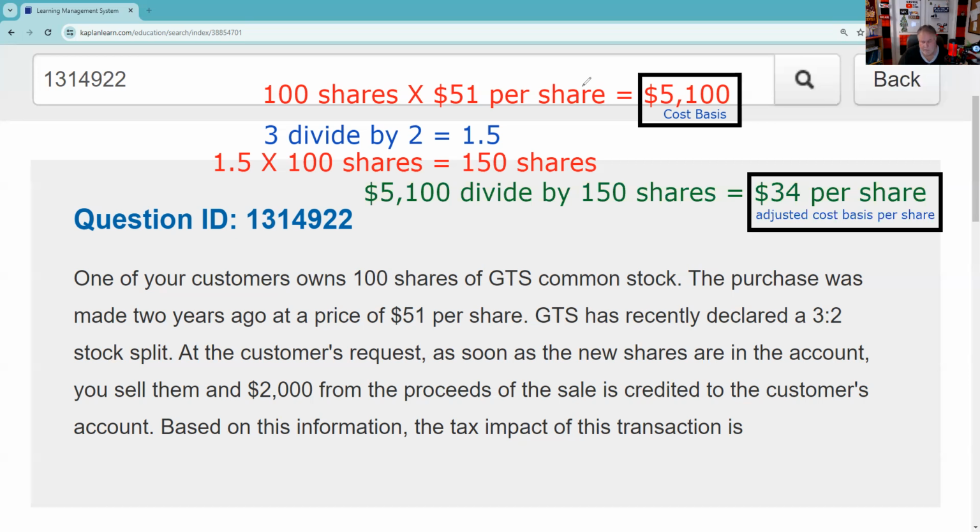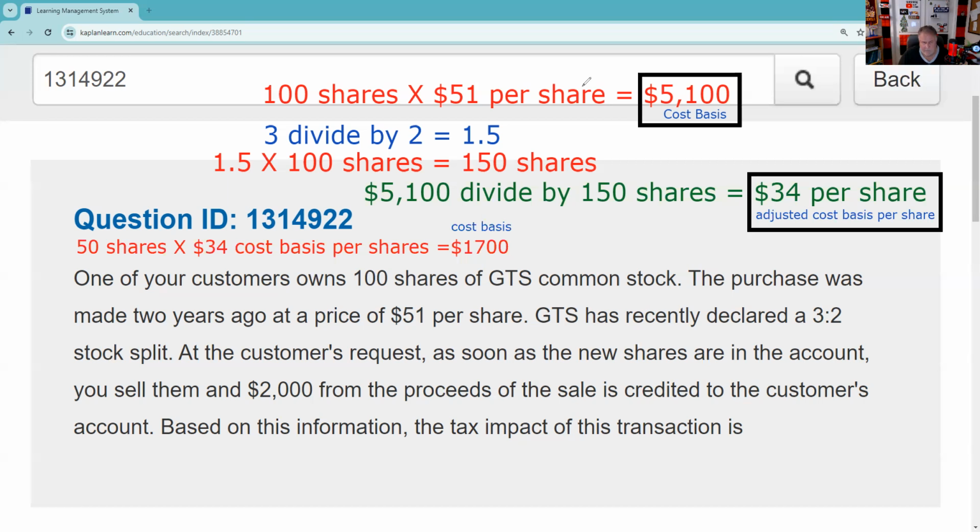I'm choosing to just get to 34 and then figure this out, right? So if I have a cost base of $34 per share, and I'm selling 50 shares, my cost basis in the 50 shares I'm selling is $1,700, right? 50 shares times my adjusted cost base of 34. So that 1,700 is my cost basis on those 50 shares.